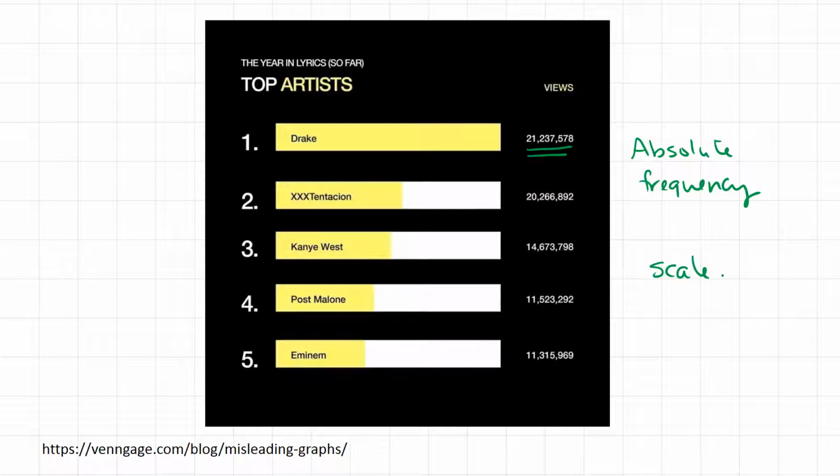If we were to take a look to see if the scale is appropriate, notice the difference between this one and this one is about 1 million. And between this one and this one here is 6 million.